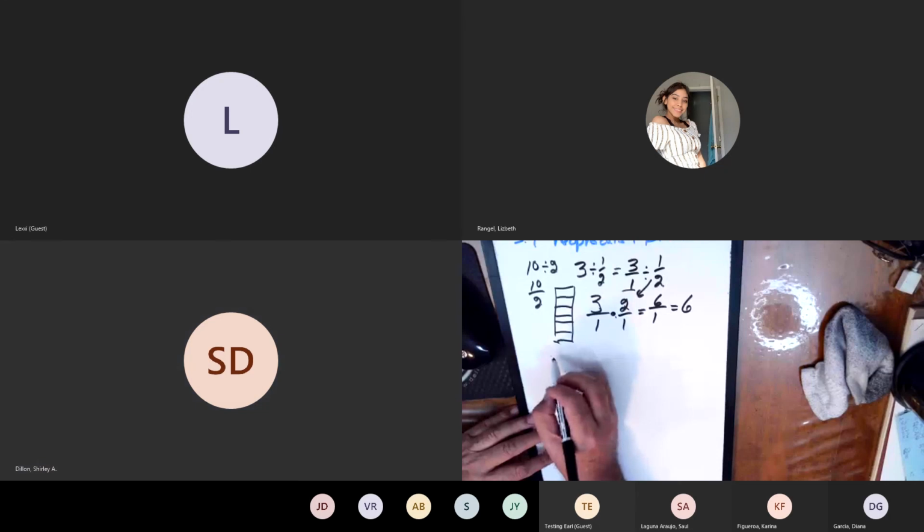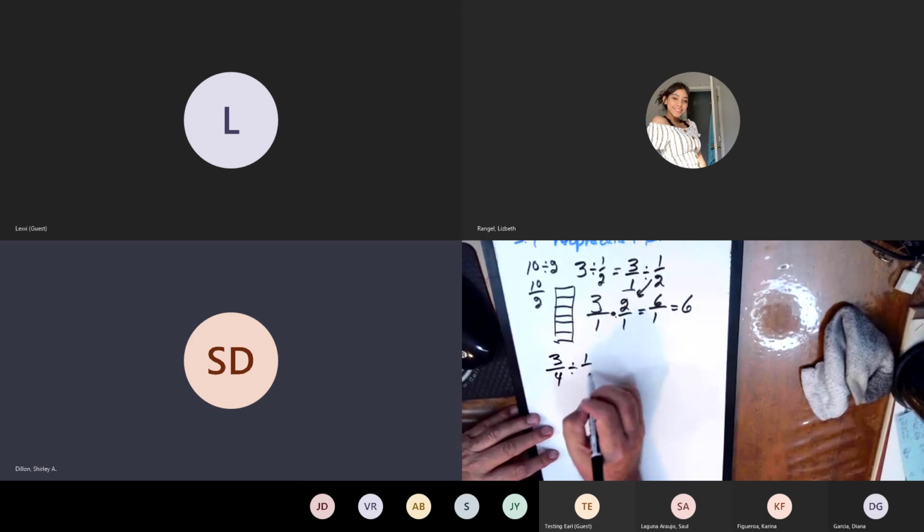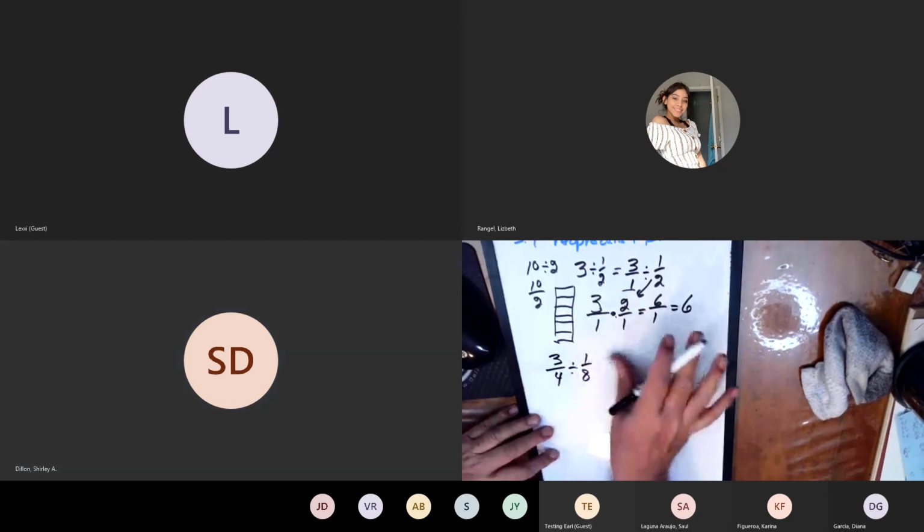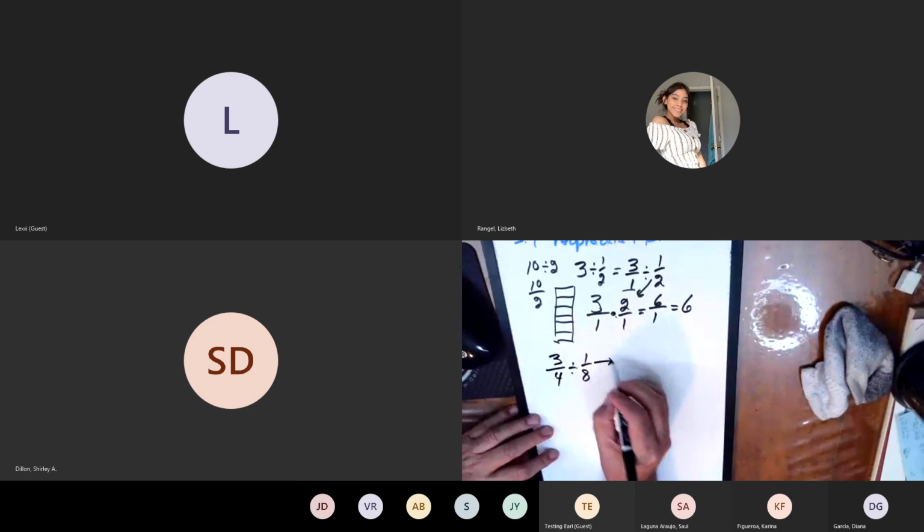Now let's do it with some fractions. 3/4 divided by 1/8. Now that is kind of hard, so I'm just going to change it into multiplication.